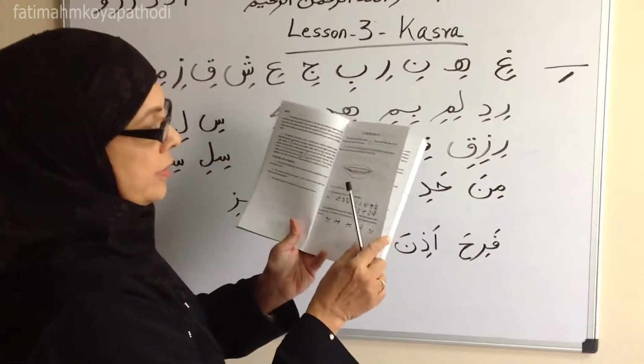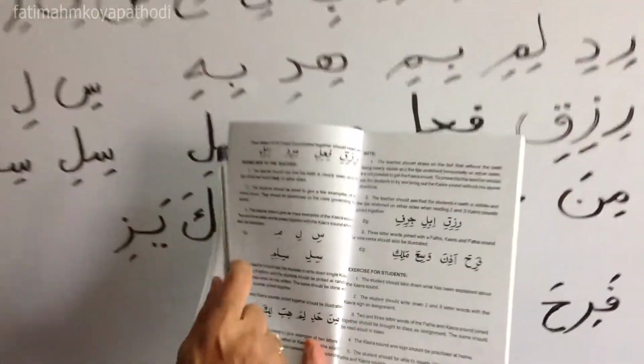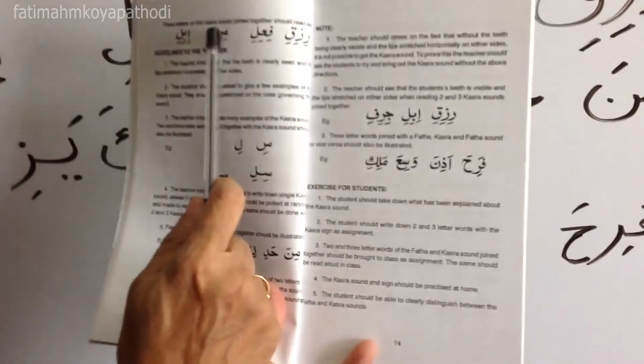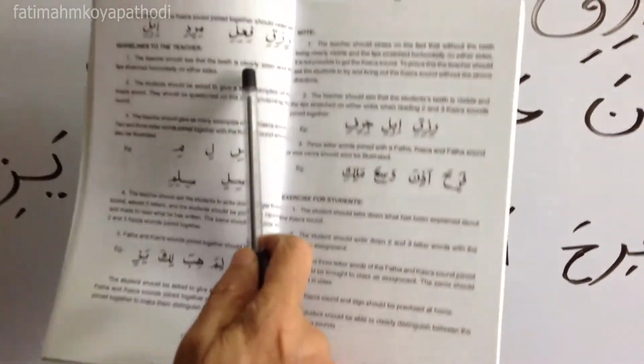Now you have three letters of the Kasra sound joined together should read as. I'll show it on the whiteboard.